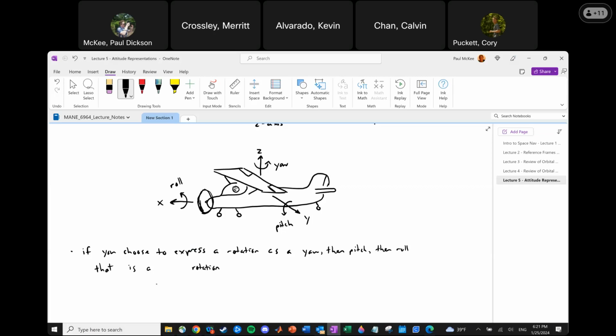So a yaw pitch roll would be a ZYX rotation. Very good. So any of y'all that might have read ZYX rotation, or alternatively a 3-2-1 rotation, that's what that is. It's a yaw and then pitch and then roll.